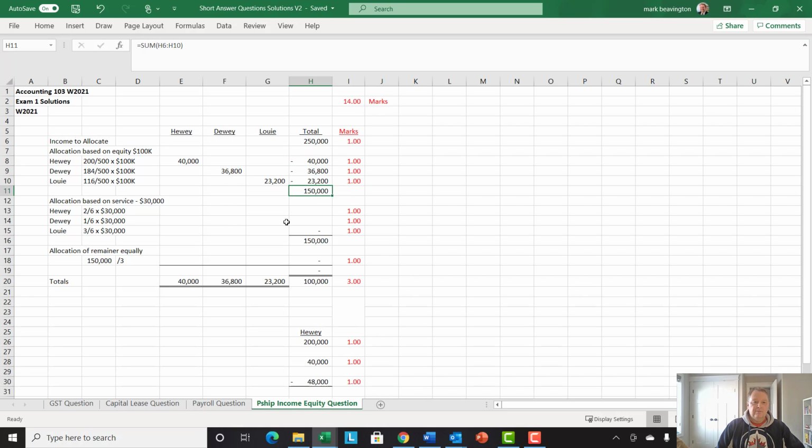So now we've got 150,000 still to split, and it's based on service and in a ratio. It's based on a ratio of 2:1 to 3. So Huey gets 2.6, Dewey gets 1.6, Louie gets 3.6 times the 30,000. So that's fine. We get $10,000 here. The math on this one is $5,000, and on this one is $15,000.